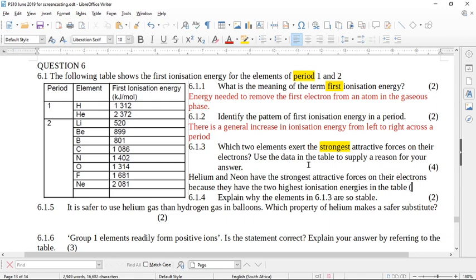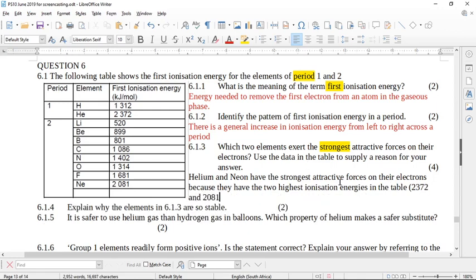And it won't hurt if you write 2372 and 2081 kilojoules per mole respectively, just to prove that you know where to find them in the table, because it says use data from the table. So try and include data from the table in your answer, because helium and neon have the strongest forces because they've got the highest ionization energies.